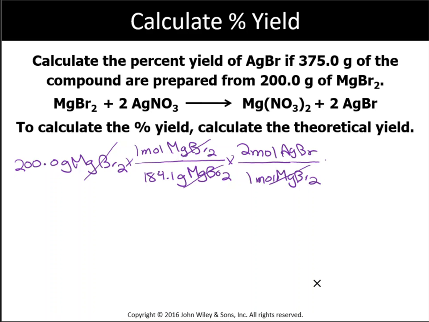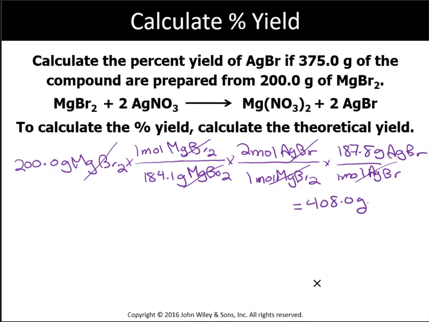And in order to get the mass of silver bromide, we use its molar mass: 1 mole of silver bromide is 187.8 grams. What this tells me is that using 200 grams of magnesium bromide, I would expect to get 408 grams of silver bromide. That's the theoretical yield.